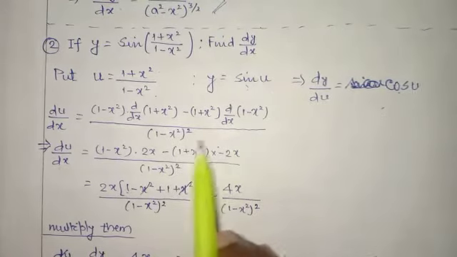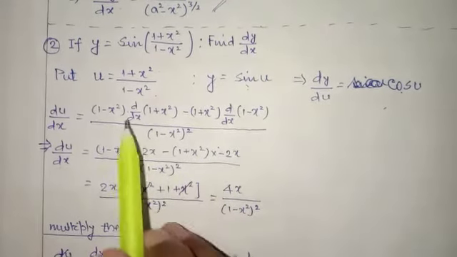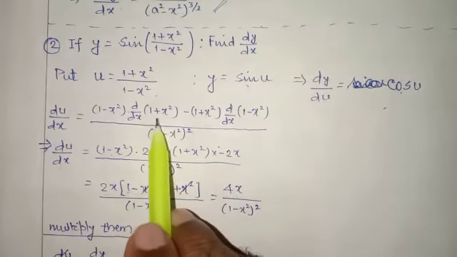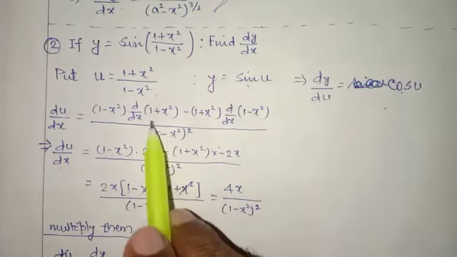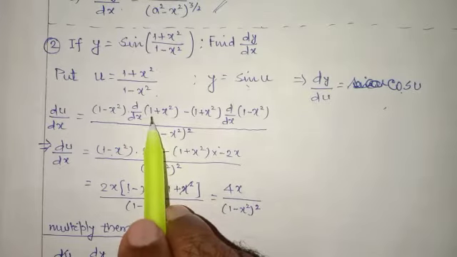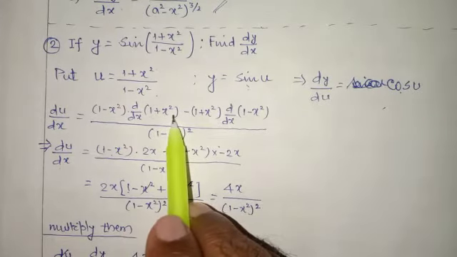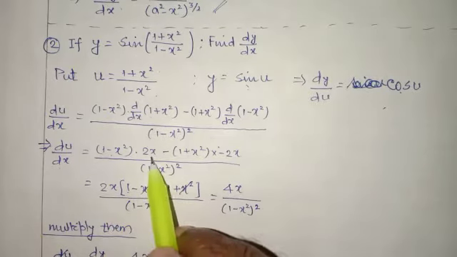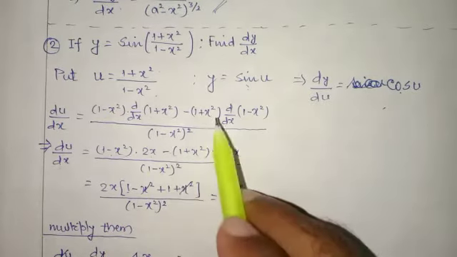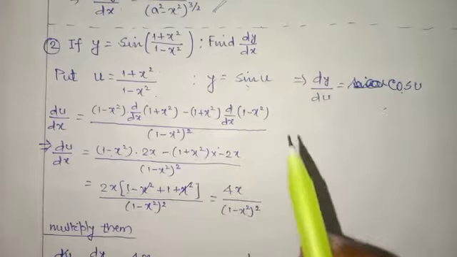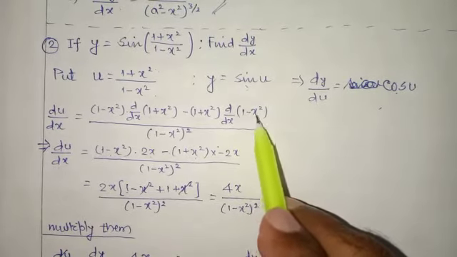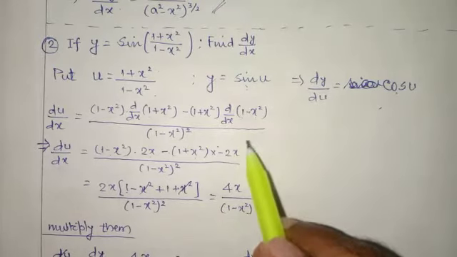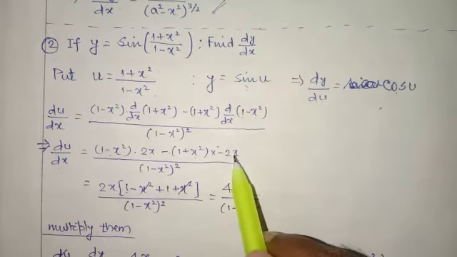This is the formula, just place it. Now 1 minus x square is the same as here. Differentiation of 1 plus x square is, differentiation of 1 is 0 and of x square is 2x. So d by dx of 1 plus x square is 2x, minus 1 plus x square. Similarly, differentiation of 1 minus x square should be 0 minus 2x, meaning minus 2x.